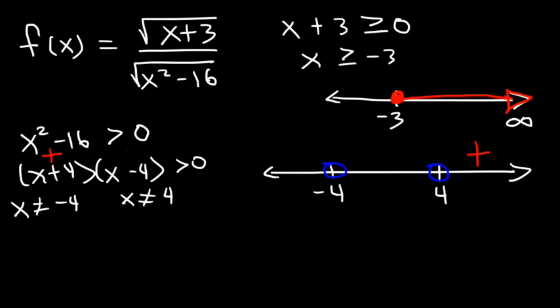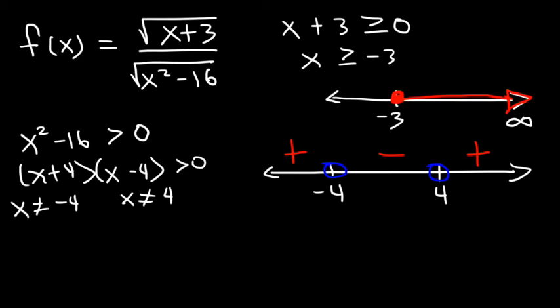Now the second interval, minus 4 to 4: x plus 4 will be positive and x minus 4 will be negative, so this interval will become negative. Before minus 4, x plus 4 will be negative, x minus 4 will also become negative. Hence negative negative, it will become positive. So whatever plus I write, you keep just those intervals.